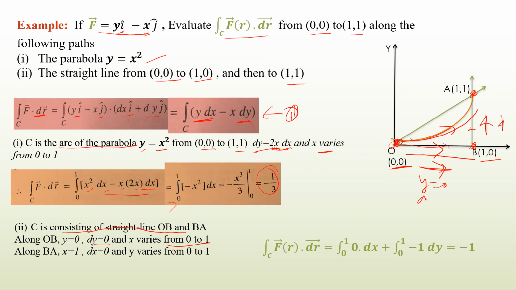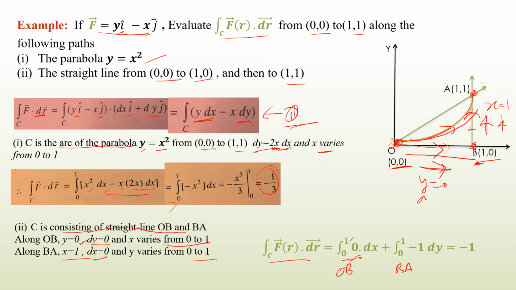And when we take the integral along the other line, the equation of that line is x equal to 1, dx equal to 0, and y varies from 0 to 1. Now put in the integration, so we get 0 to 1, because we are taking that integral along OB, and this is the integration along BA.